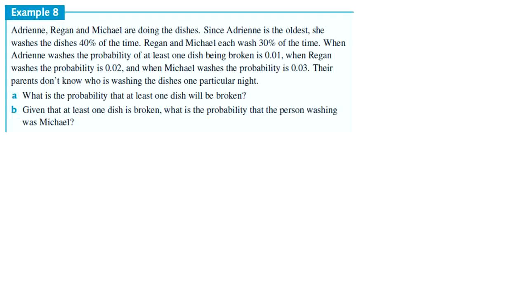So that means it's a dependent event, and we're being asked to find the probability that at least one dish is broken. So we're being asked to find a total probability there. And then B, given that at least one dish is broken. So this is a conditional probability. So in this example, this is dependent, we're trying to find a total, and it's conditional.